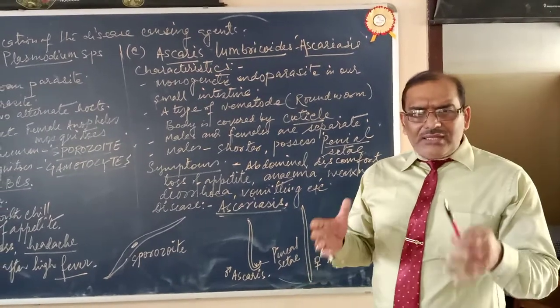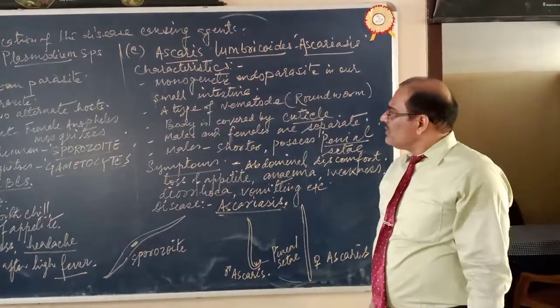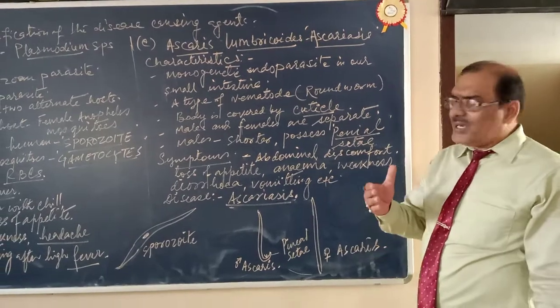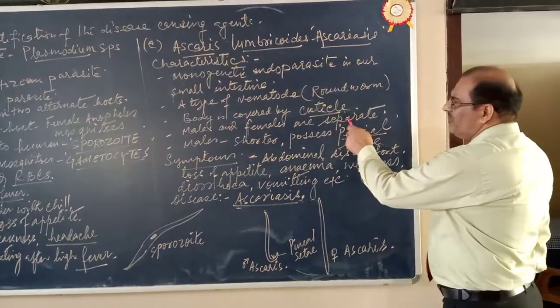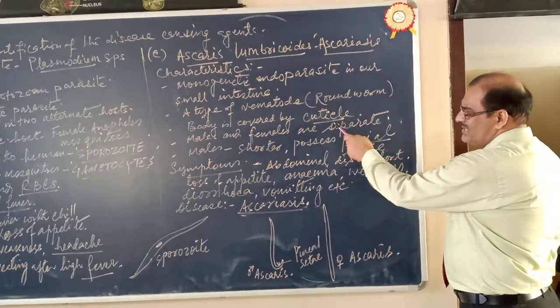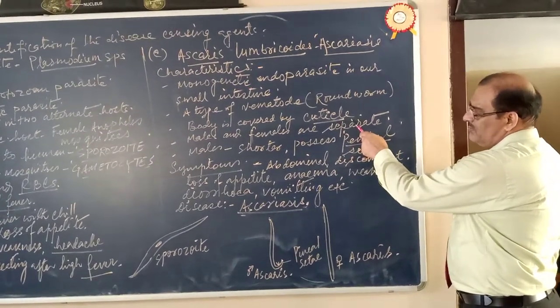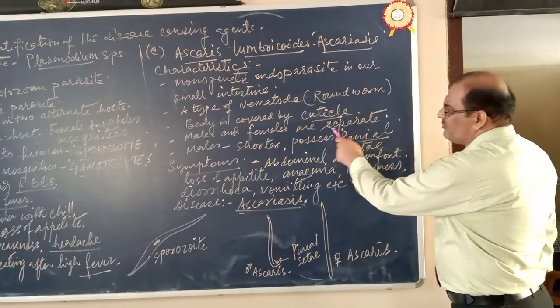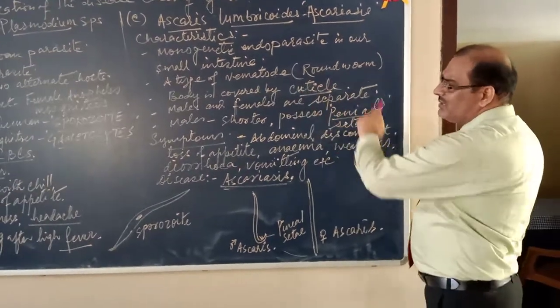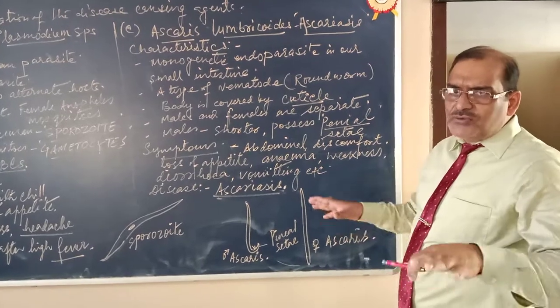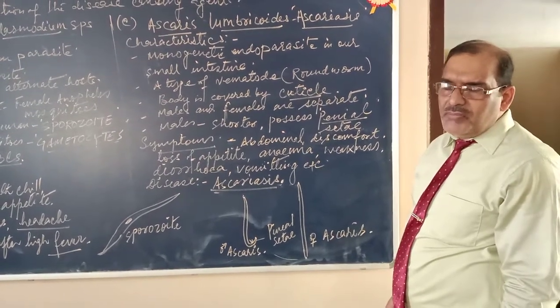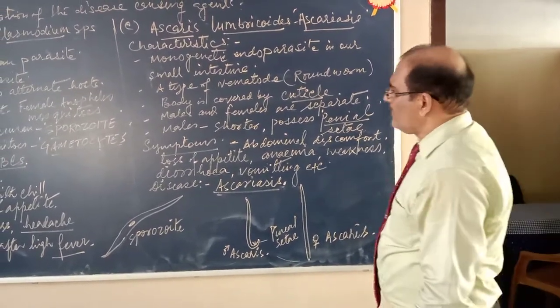So to tolerate the alkaline pH, it has developed a protective device, and that is the cuticle. The body is covered by a tough cuticle. Due to the presence of the cuticle covering, it can survive in the intestine and tolerate the effect of pancreatic juice and bile juice.